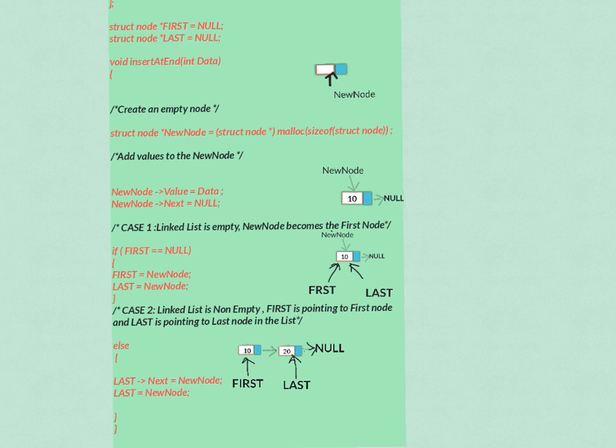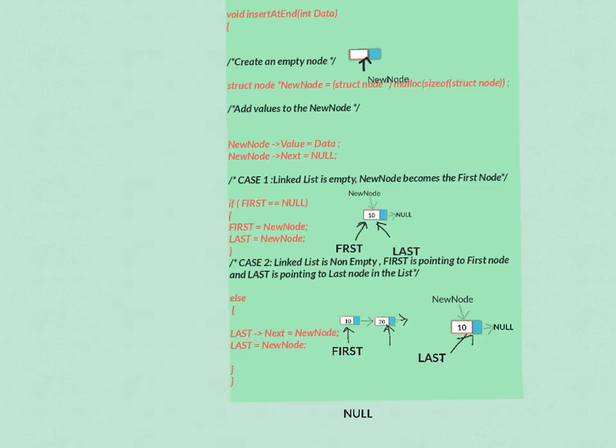So in that case, the new node should be inserted at the end of the linked list, and this null has to be replaced by the address of the new node, and similarly now last should point to the new node. These are the two changes that we should make here, and the code for doing this can be seen here.